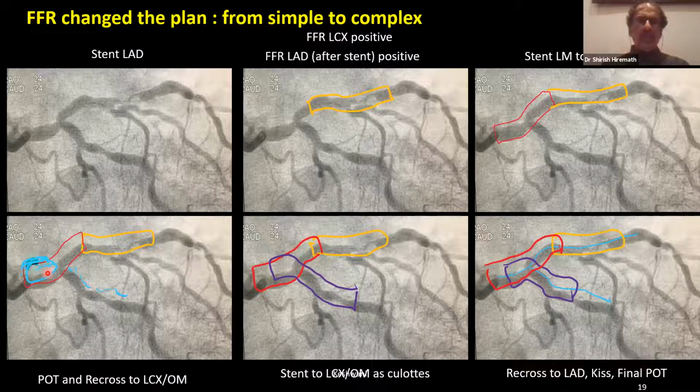Then we do a POT, where a short length balloon is used, big diameter at high pressure. And doing POT, the access to the side branch, which is OM, was easy. We do a pre-dilatation and then do a culottes. Like you can see in culottes, these two stents are overlapped. We do a final kiss and get a nice result.